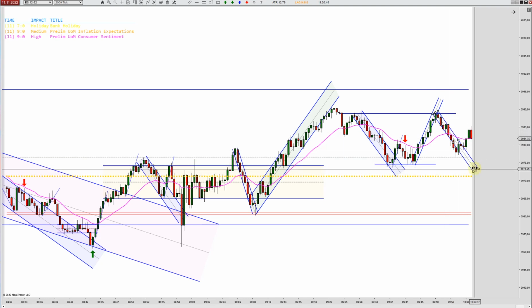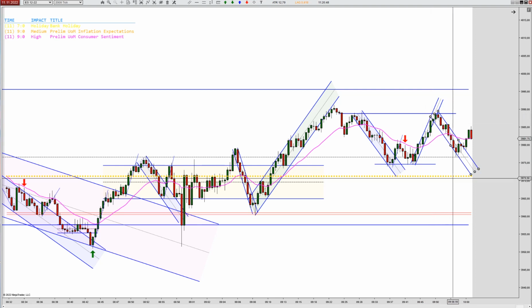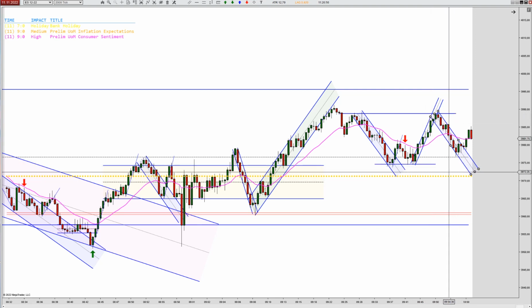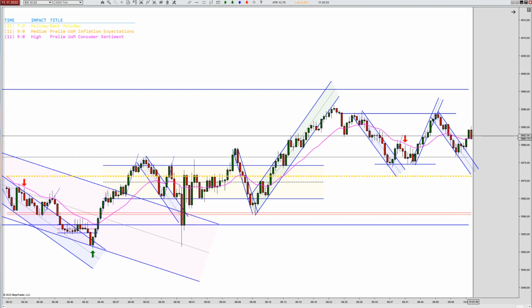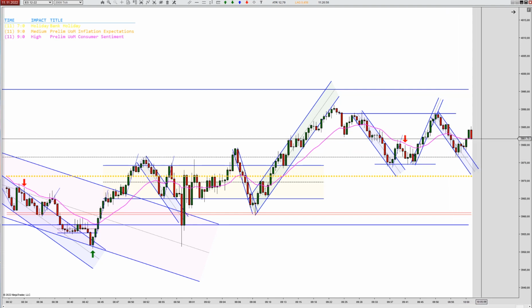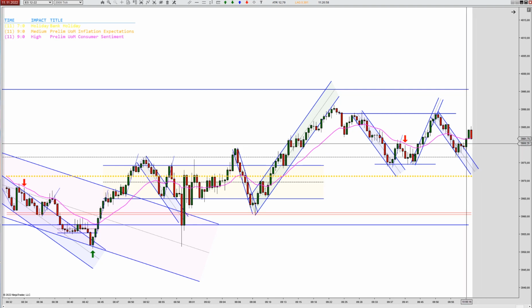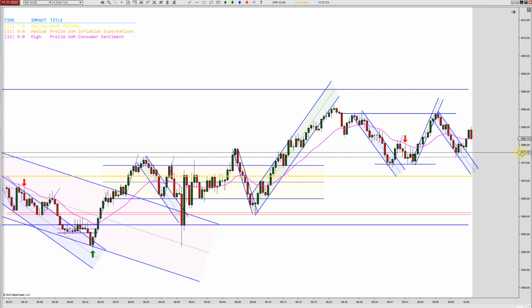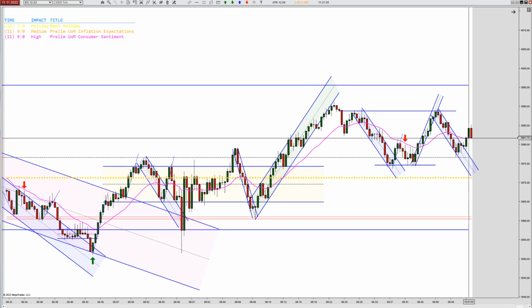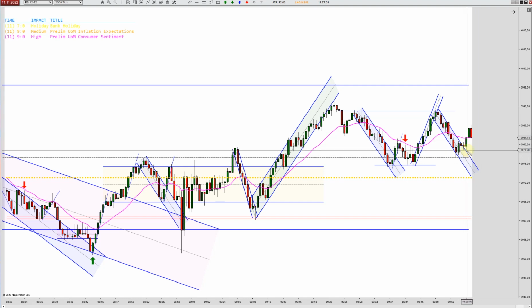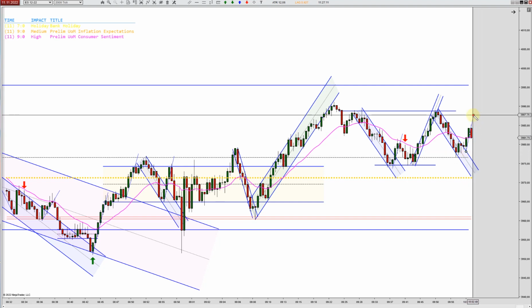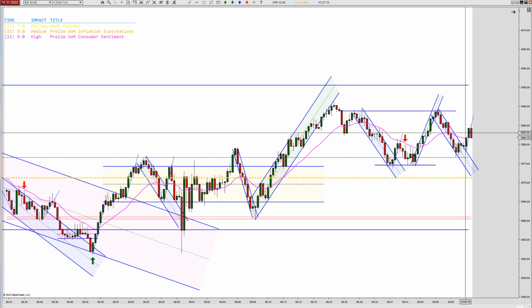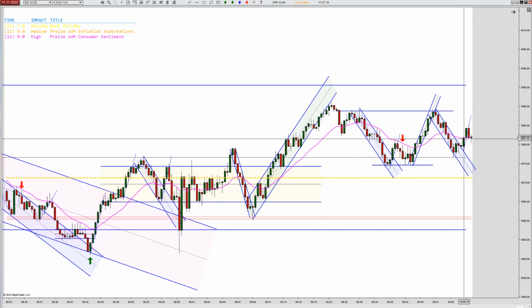If we increase this channel here a bit, and we have a channel working lower with a first break of this channel, this would be a second entry short, but I don't like that we are finishing above the EMA. I would like to see a clear finish below the EMA for a retest of the highs, and with these two strong bullish bars here, I'm very careful taking a short here.